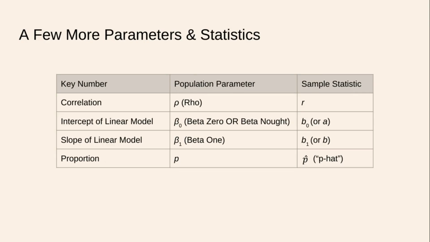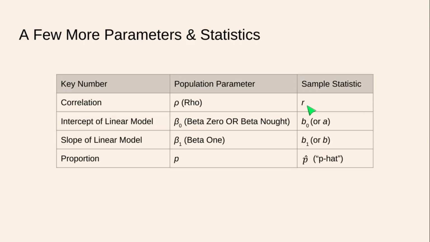Here are a few more parameters and statistics. This is one that we will probably not see, though I have taught a statistics course, and still do, that features this one right here. It looks like a letter P, but it's actually a Greek lowercase letter rho, which would make an R sound, incidentally. Go figure. And the sample statistic is R, which you definitely will see, and have seen.